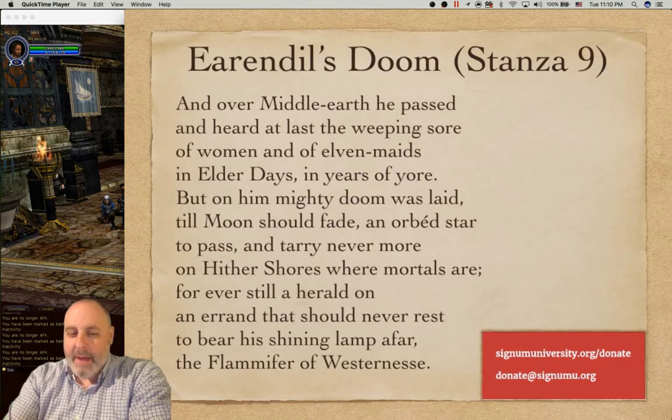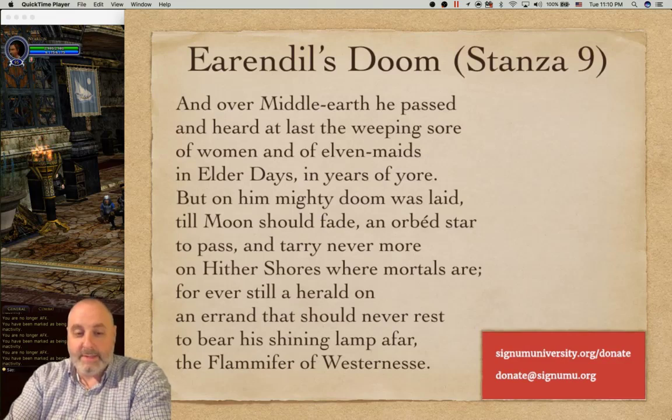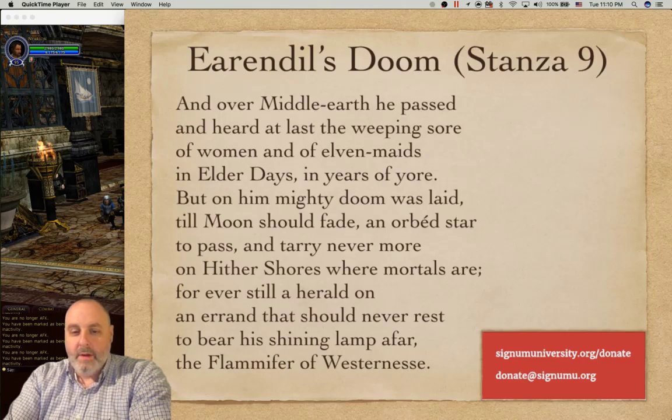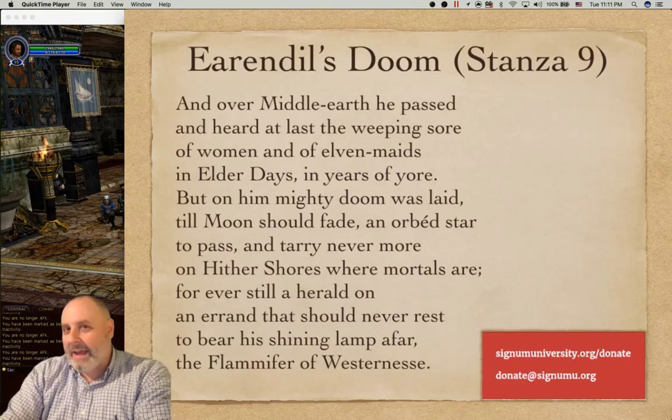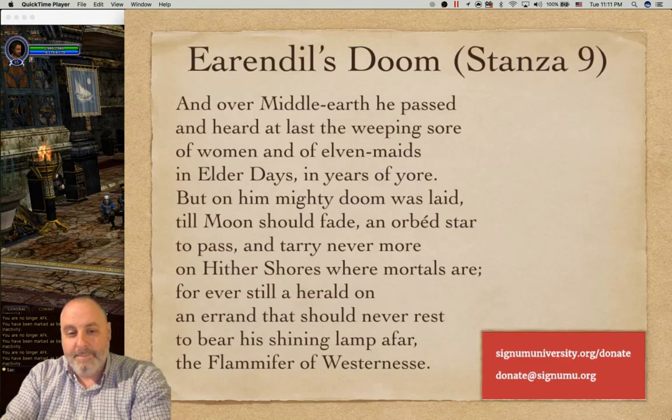Yes. To bear his shining lamp. I mean, the verb to bear is in the previous line. And if he's bearing his shining lamp, then that makes him, by definition, the flammifer, because he's bearing, that's a totally different thing. He's bearing the flame, the shining lamp.